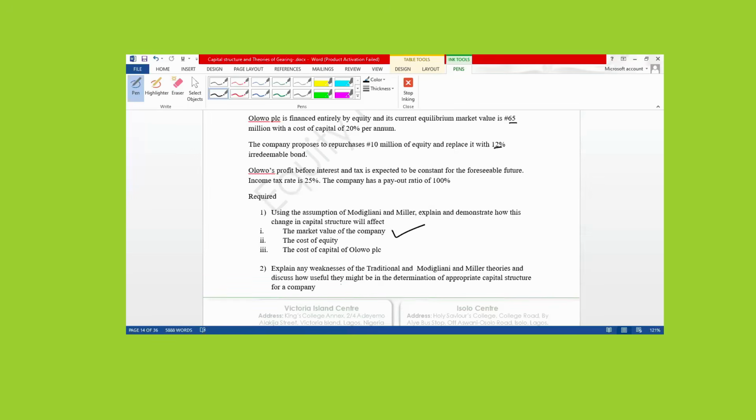Let me get your opinion. Who can explain the traditional theory? Is this theory useful if you are to determine an appropriate capital structure for a company?